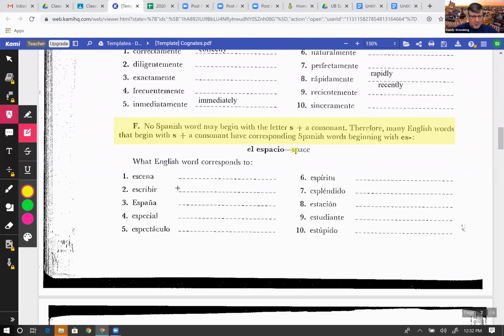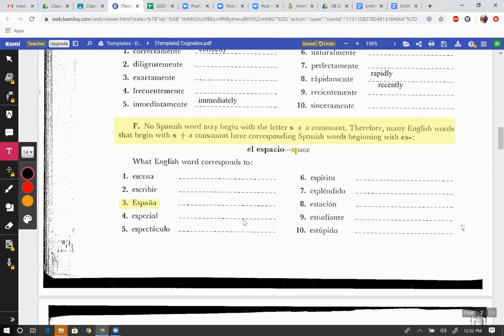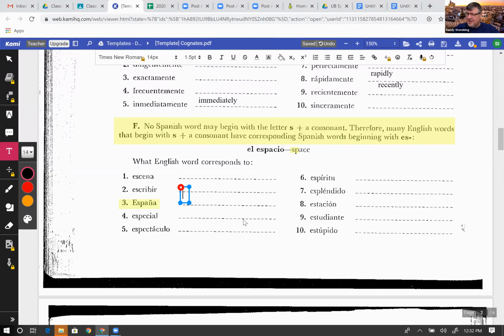So let's look at words, for example, like number 3, España. Who knows what España is? Spain. There you go. And it's capitalized. Again, because it's capitalized, we know that that's another clue to help us. That is just Spain.